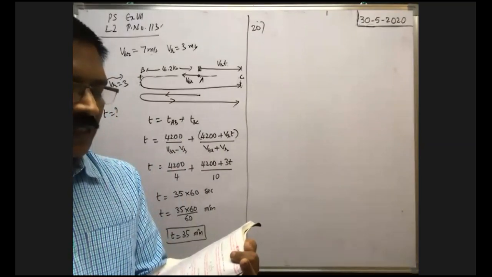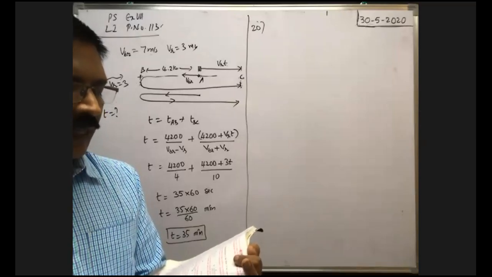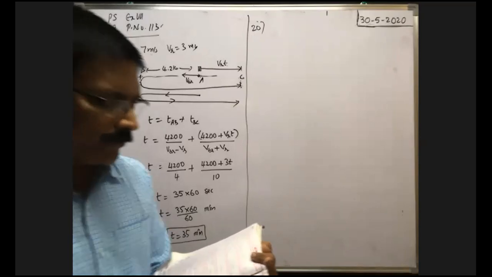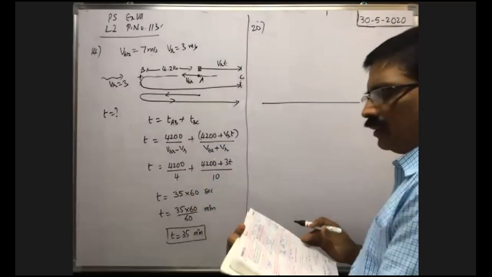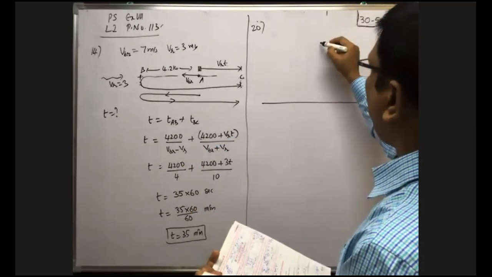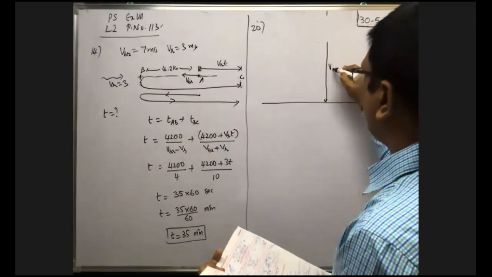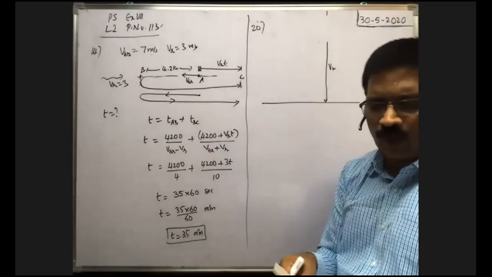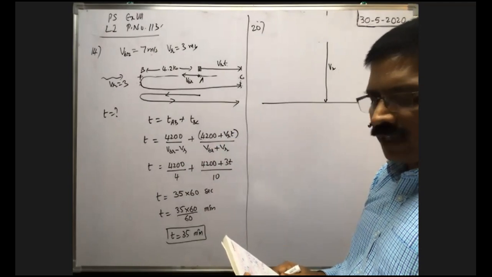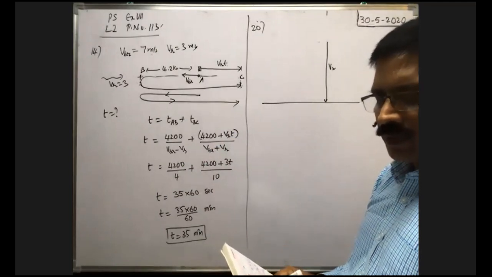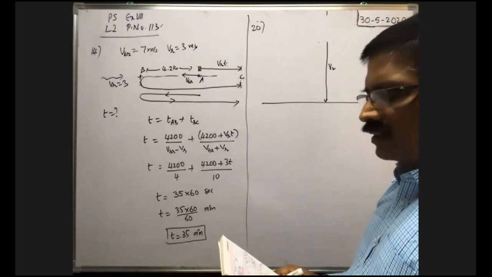By how many times should a person increase his velocity in order to change his umbrella position from an angle of 30 degree to 60 degree? Okay. So here it is raining vertically downwards. That means the actual velocity of the rain is vertically downwards. It is raining vertically downwards means the actual velocity of the rain is given vertically downwards. Okay. By how many times should a person increase his velocity in order to change his umbrella position from 30 degree with vertical to 60 degree with vertical.